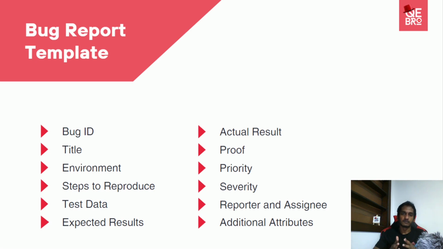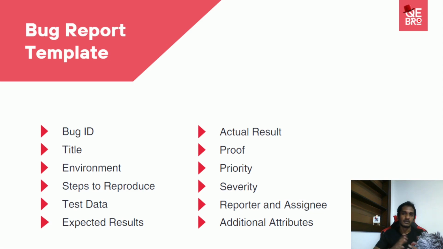Then the most important part, the expected result versus the actual result, because this is where it will be a bug, if there is a difference between the actual result and the expected result. So you need to clearly mention what the actual result was. If you can quote some requirements directly, it's better to mention those as well.